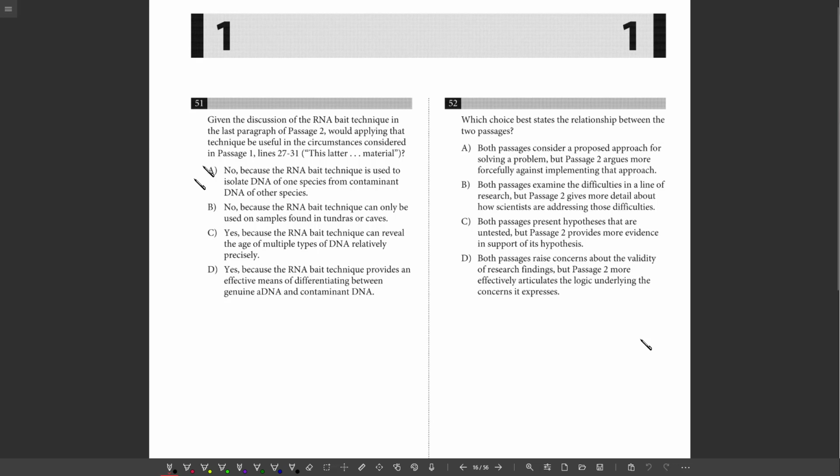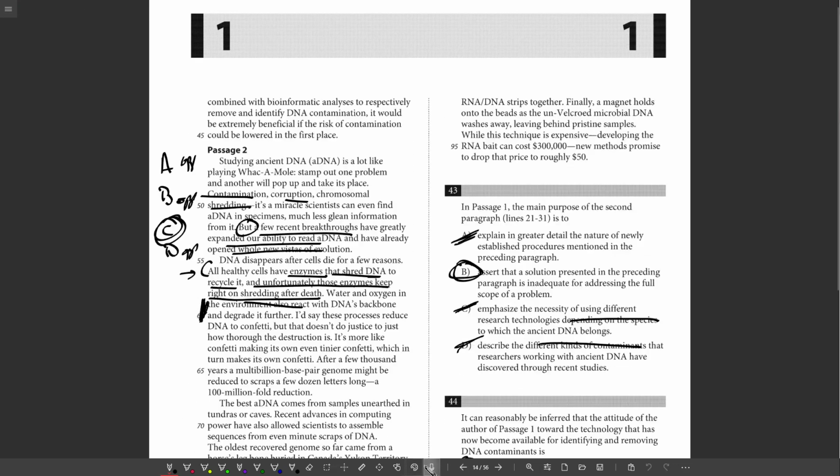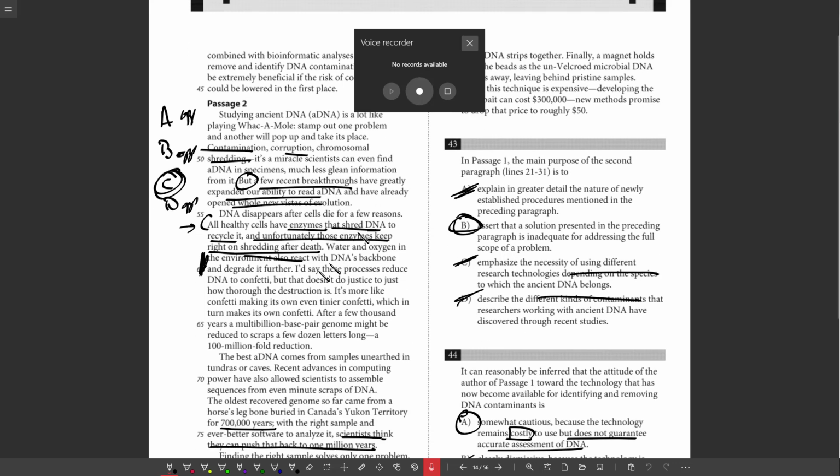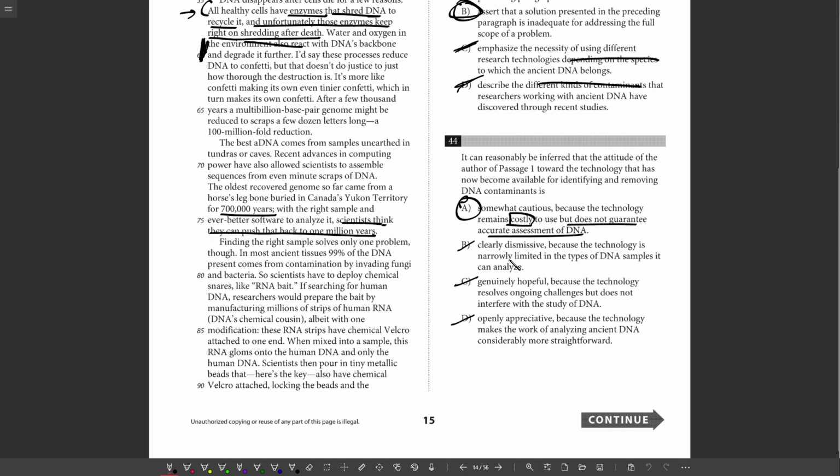Given the discussion of the RNA bait technique in the last paragraph of passage 2, would applying that technique be useful in the circumstances in those lines? So the last paragraph, they talk about this RNA bait thing. And it says, if searching for human DNA, researchers would prepare the bait by preparing millions of strips of human RNA, blah, blah, blah.